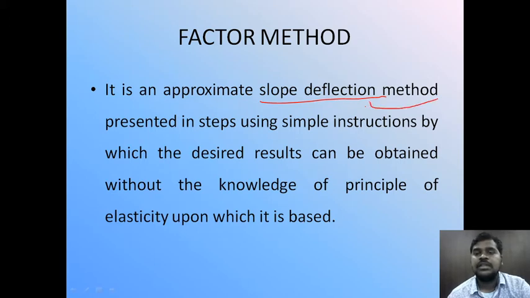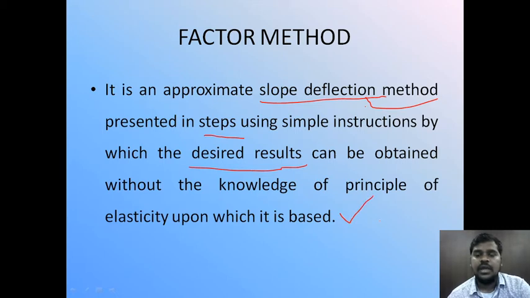That means from the name itself we can say that it is somewhat lengthy to solve the problems. So it is an approximate slope deflection method presented in steps. In steps means step by step, using simple instructions by which the desired results can be obtained without the knowledge of the principle of elasticity upon which it is based.